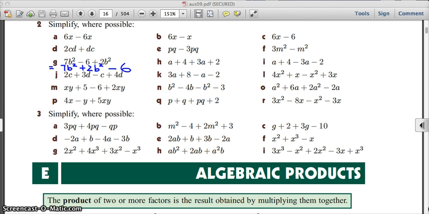Okay? Because if you get the answer wrong, I can at least give you some marks for getting this right. Notice that the -6 comes down because we can't do anything with that. And we just shuffle these across to be alongside each other. 7b squared plus 2b squared. That will leave us with 9b squared take 6. Hopefully you can identify that. Alright.